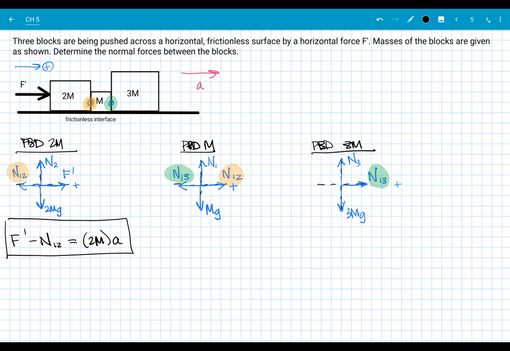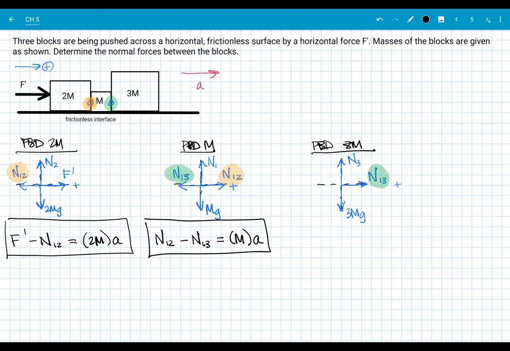Block M, same thing here, N12 minus N13, considering my sign convention there. I'm only looking at horizontal forces here. It's equal to the mass M times acceleration. Again, the accelerations are positive. I made that happen by choosing positive in the direction of acceleration.